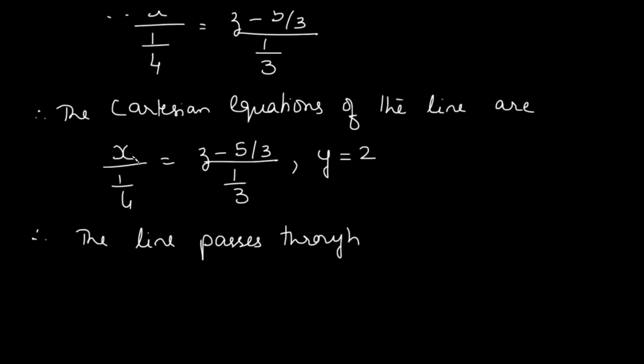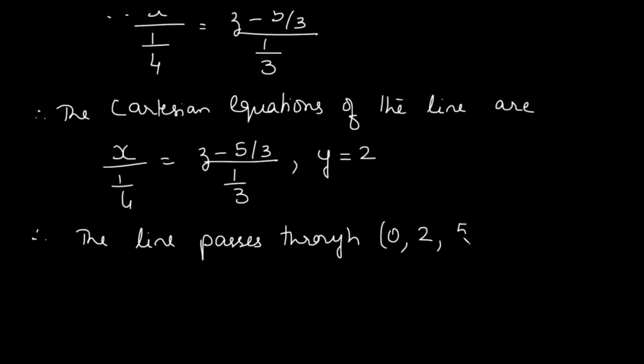Now we compare this to x minus x1 upon a is equal to y minus y1 upon b is equal to z minus z1 upon c. When we compare it, we say that here x1 is 0, so it passes through 0. y is equal to 2, so it passes through y is equal to 2, and z minus z1, so z1 becomes 5 by 3.